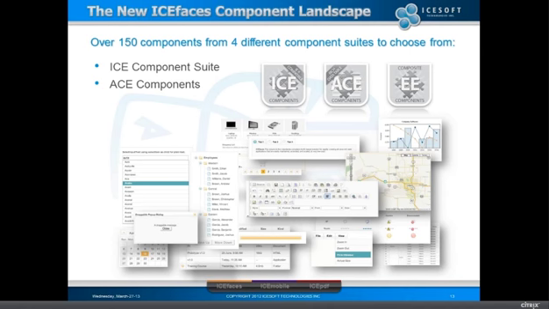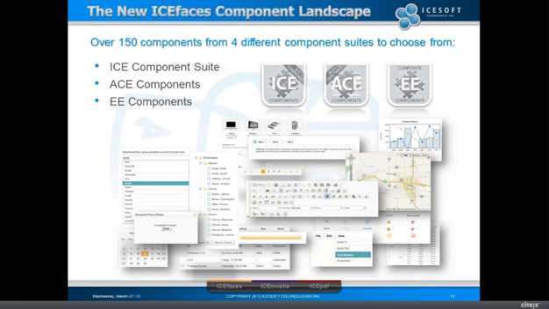Now, ACE is short for Advanced Component Environment. These are components that are built from the ground up to leverage JSF 2 features, whereas the ICE components, while still heavily developed, are based on a legacy API.